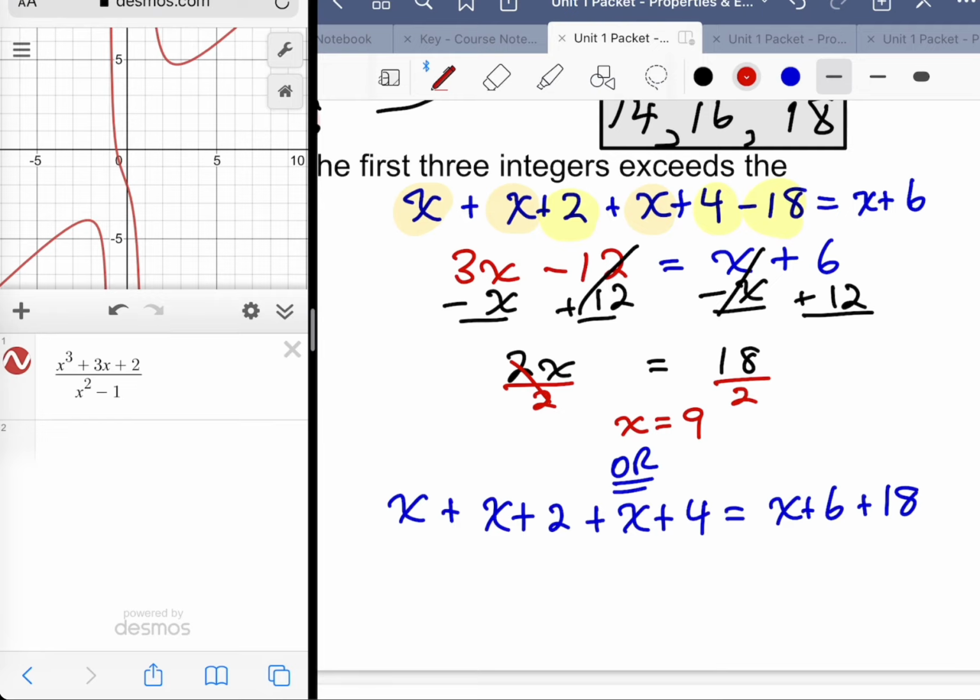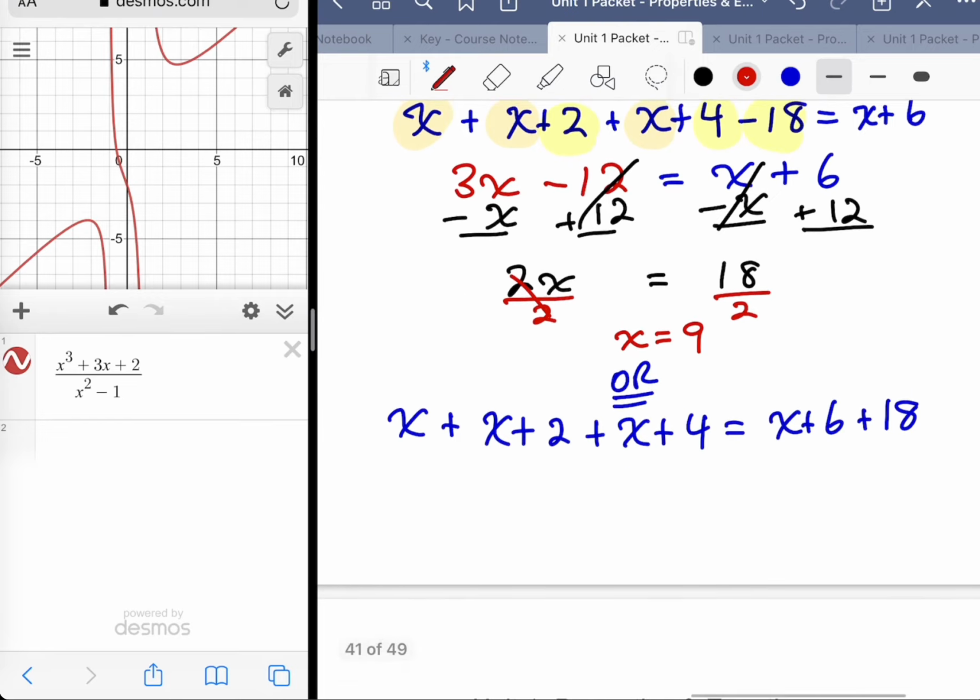Alternatively, if you wanted to, you could have worked with the other variation of the equation, combining our like terms. On the left, we get 3x plus 6. On the right, we get x plus 24.